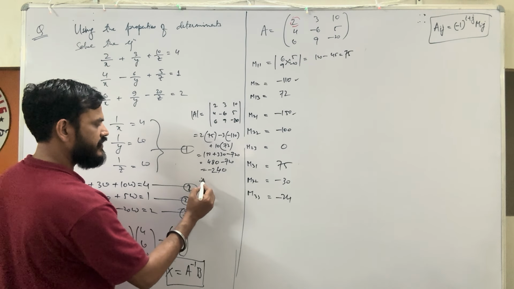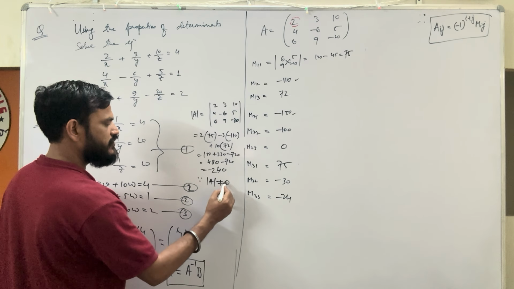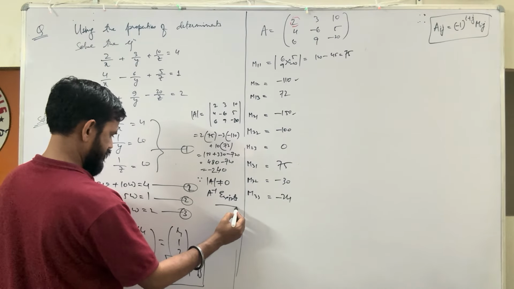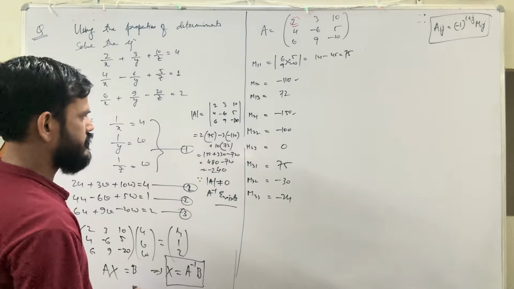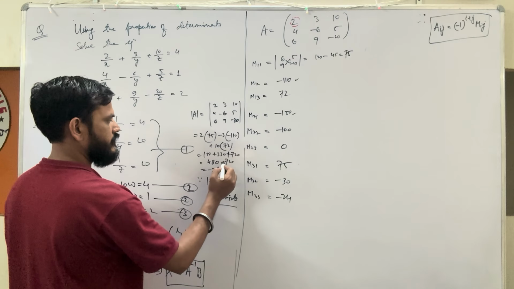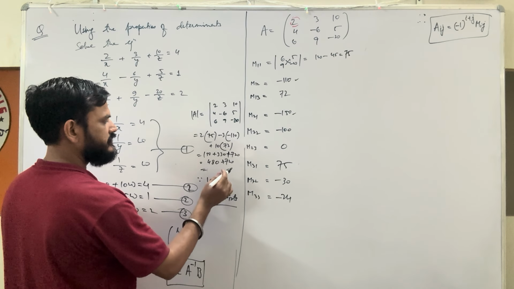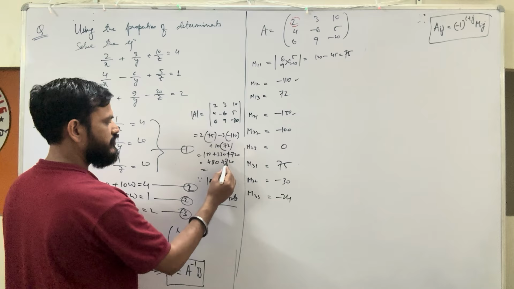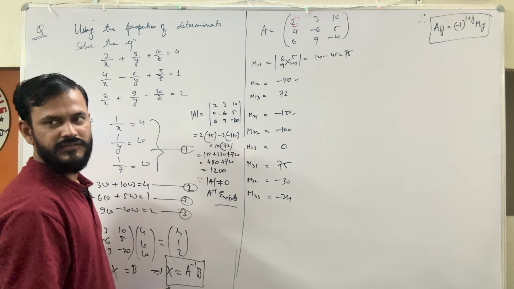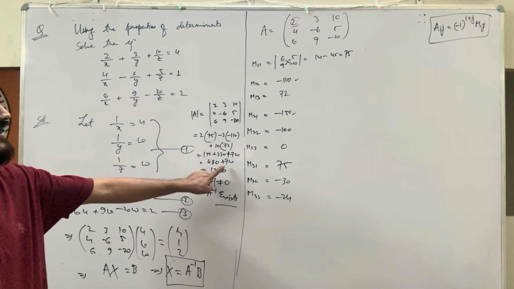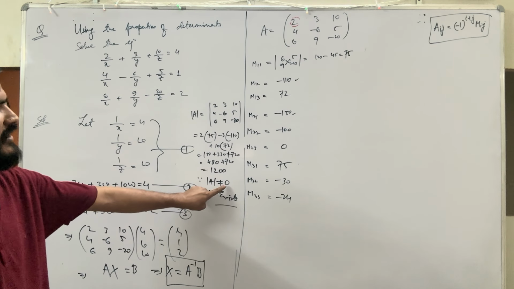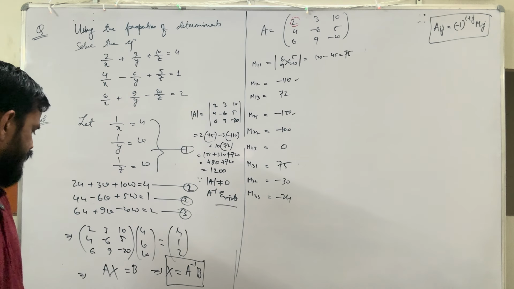Now, since we say determinant of A is not equal to 0, A inverse exists. Plus, so how much? You'll get 1200. 1200, right? So there was a mistake. I took negative here, but it should be positive. Now see, since determinant is not equal to 0, A inverse exists.